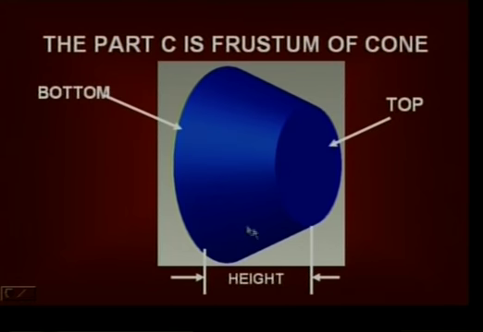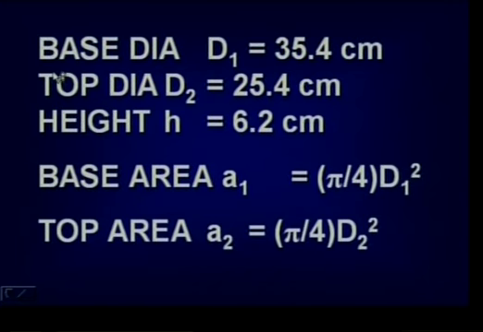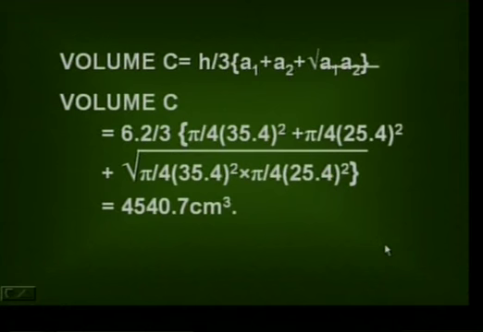The part C is frustum of cone. Its isometric view is shown in this figure. It is the top face, it is the bottom face, it is the height of the cone. The base diameter D1 is 35.4 centimeters, top diameter D2 is 25.4 centimeters, height h is 6.2 centimeters, top and base both are circular in cross section. So, their areas are A1 is equal to pi by 4 d1 square, A2 is equal to pi by 4 d2 square.